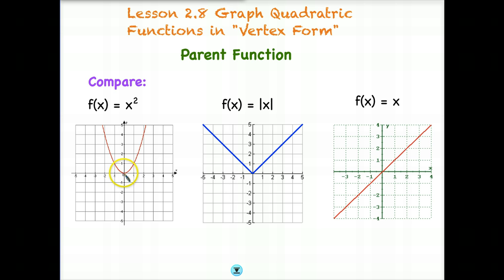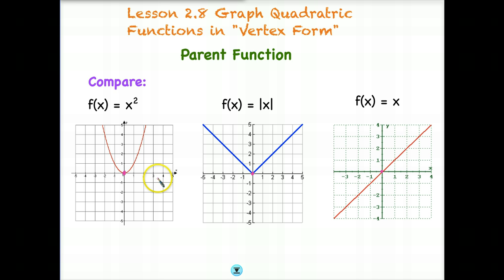First off, if you'll notice, the vertex here on our absolute value function is at 0, 0. The quadratic function also has a vertex here of 0, 0. And notice that this linear function does go through the point 0, 0.